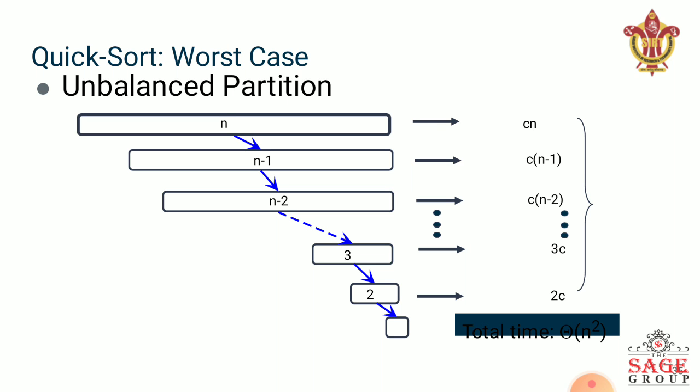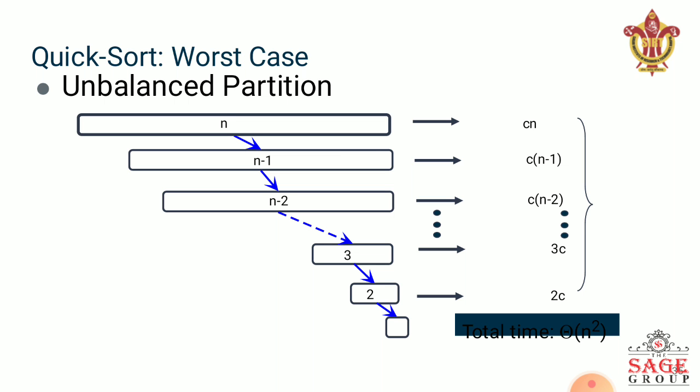With respect to the partition, the pivot position is always fixed at the first position. So cn, then cn minus 1, cn minus 2, up to a single element. This calculation requires order of, or theta of, n square. So this is the worst condition, and previously we have seen our best condition.